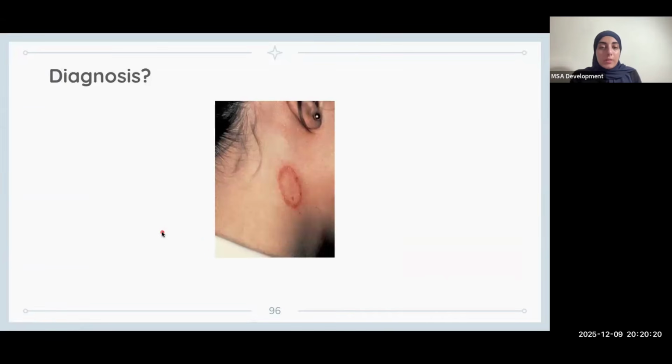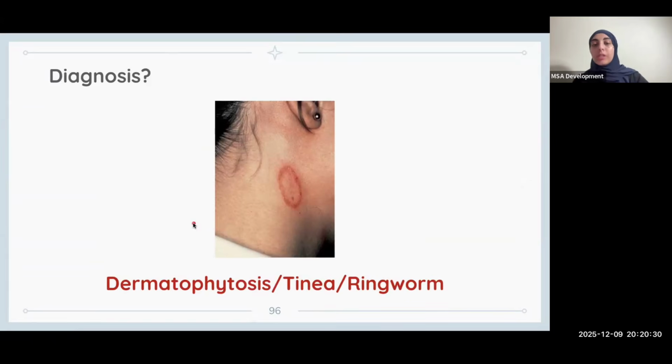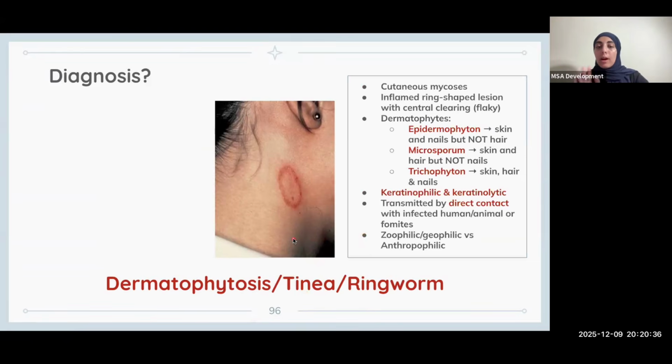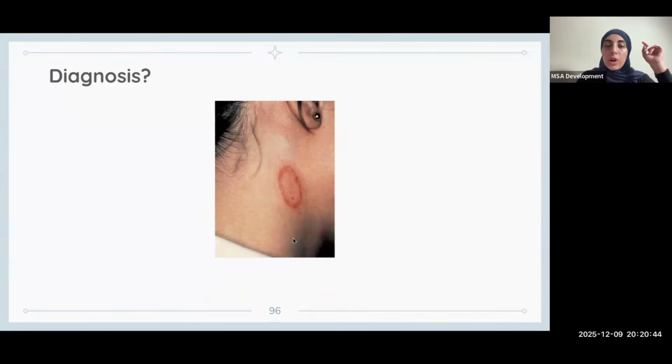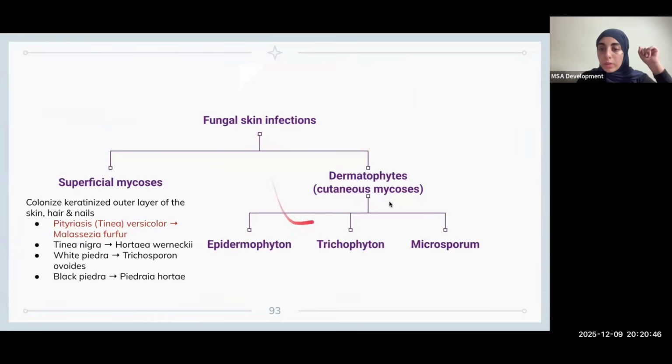Now the next one, what is the diagnosis? This is dermatophytosis, also called tinea, also called ringworm. Okay. Now, how does this look? First of all, dermatophytes, as we said, are the cutaneous mycoses. They're the ones on the right here, dermatophytes.